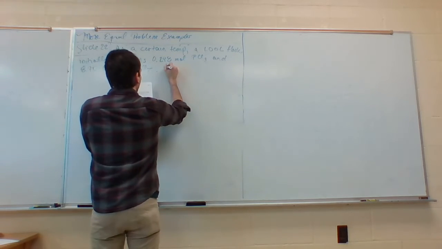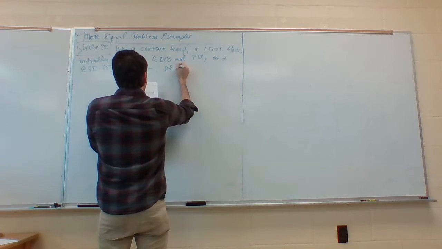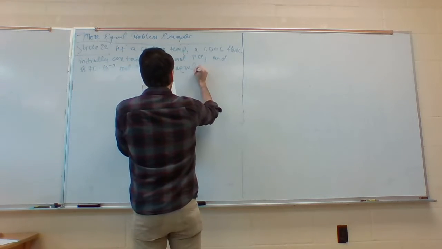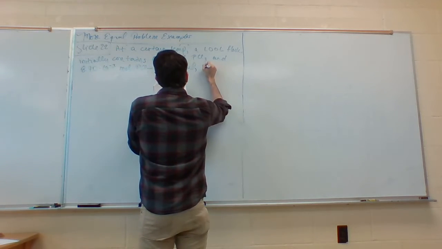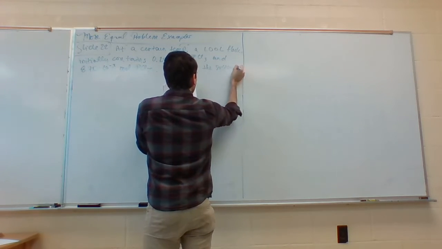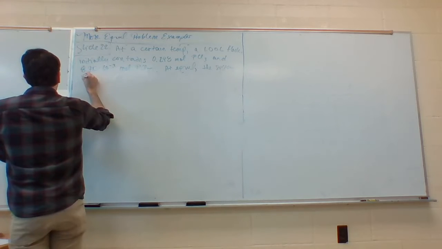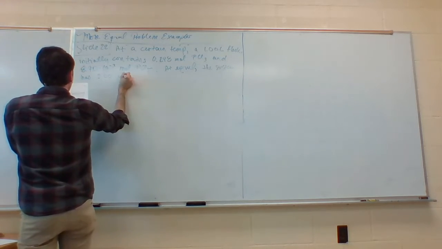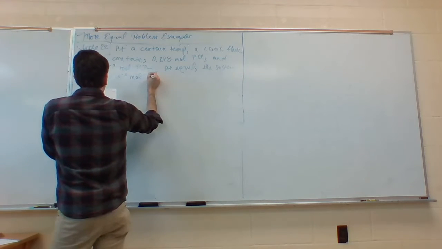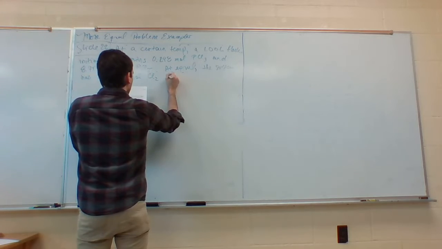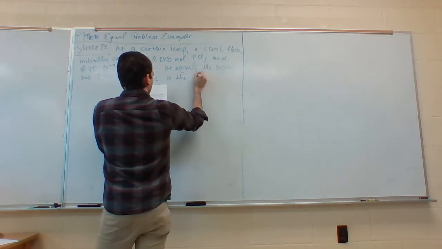All right, now at equilibrium, the system has 2.00 times 10 to the negative third moles of Cl2 in the flask.